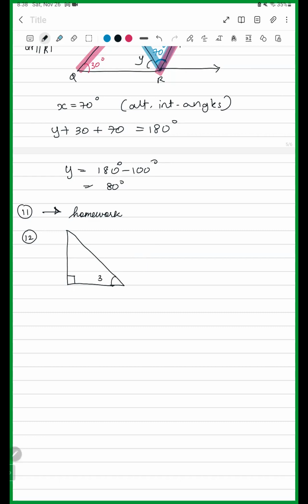35. Now you have to find the third angle. Let's say it is x. Then x plus 90 plus 35 is 180. Very good. So you can do this by yourself, right?